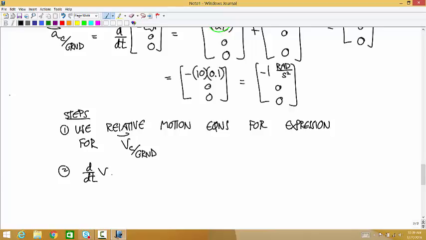And then take the derivative of the velocity of the center relative to the ground to get the acceleration of the center relative to the ground. Yep. Shouldn't that be meters per second squared, not radians? Yes, it should. You're right. Yep. That much I know.